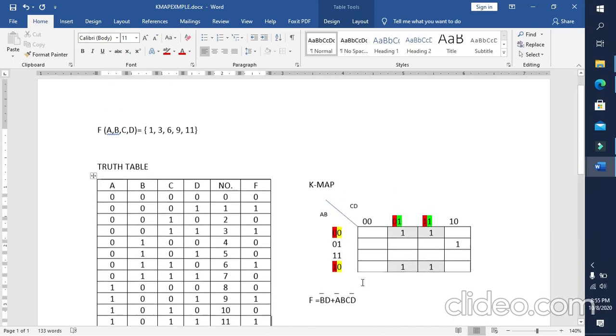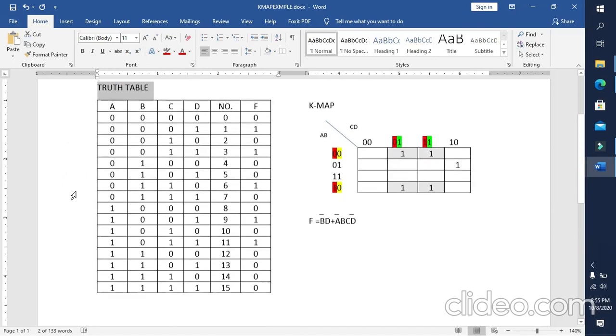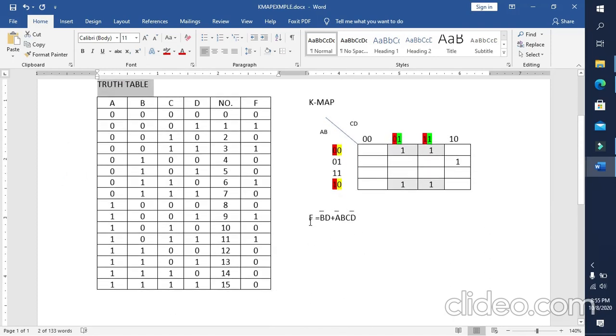Okay? So from the given function, I'm going to map it in the truth table and then simplify the logic expression using my K-map. Okay. So this is for a 4 cells grouping.